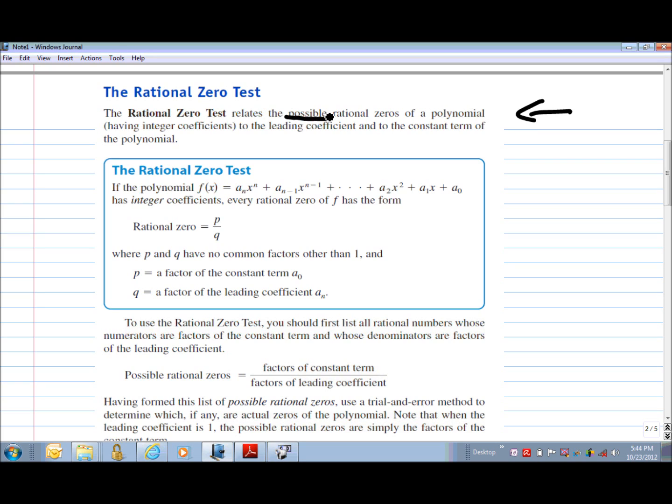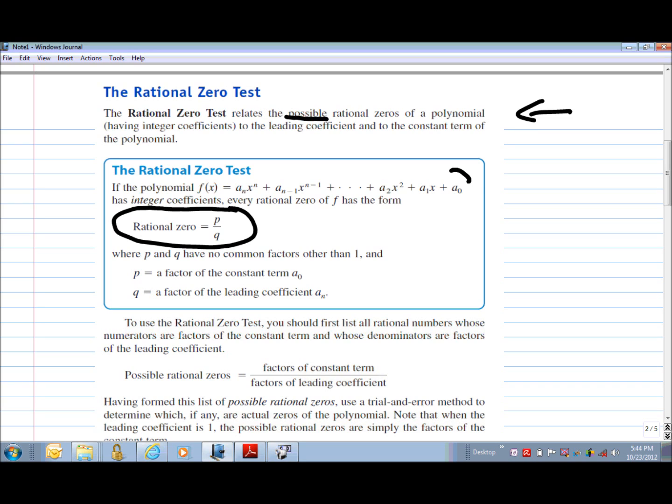So in other words, last year we probably referred to it mostly as your P's and your Q's. P and Q have no common factors other than 1. P is a factor of the constant term.